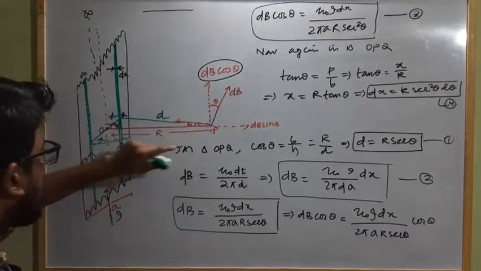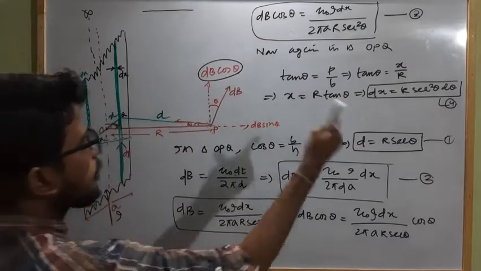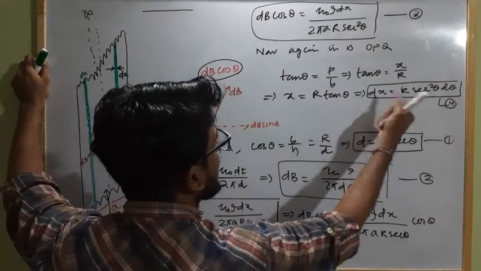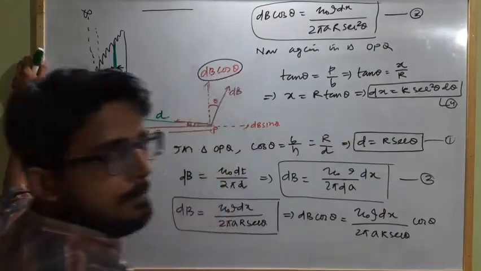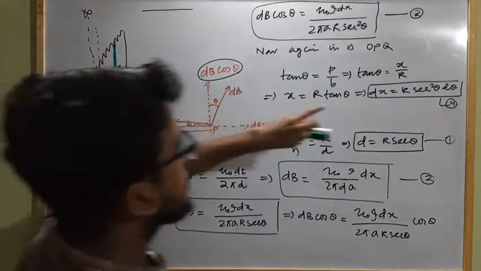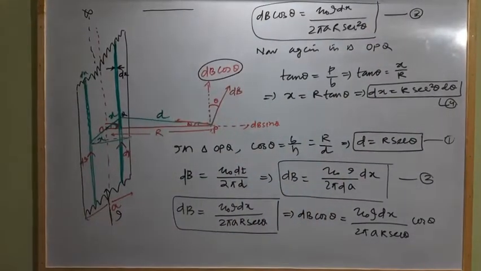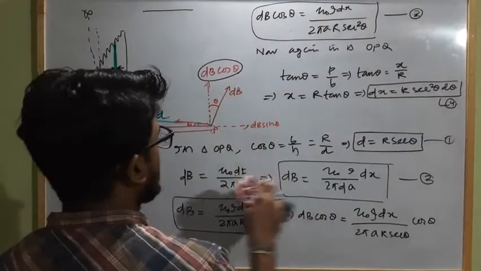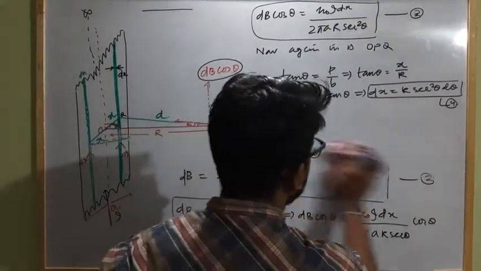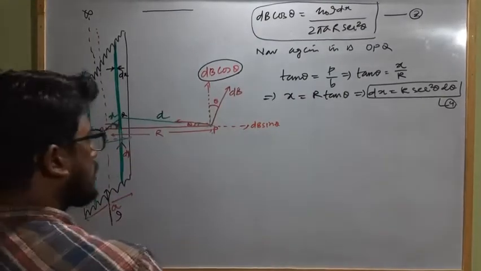Okay, tan theta will be p by b, that means x by r. So from this x will be r tan theta, and differentiating both sides with respect to theta, we will get dx equal to r sec square theta d theta. Clear? Now putting this value of dx in equation 3, that means we are replacing the dx value with this, we will get what?